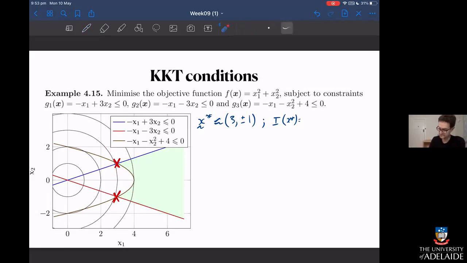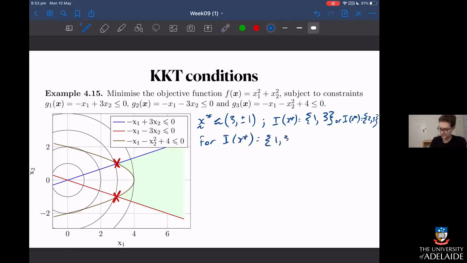And so that means that 1 and 3 are the active constraints, or I've got I of x star equals 2, 3. Otherwise, I'm at the bottom possibility here. I've got the red and the brown constraints activated at once. So let's look at one of those.